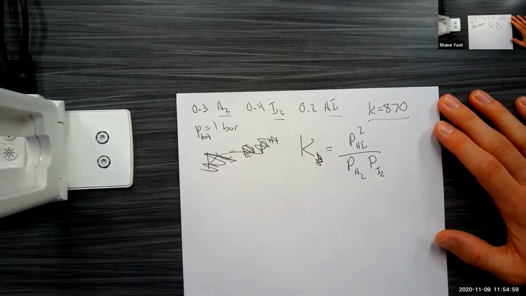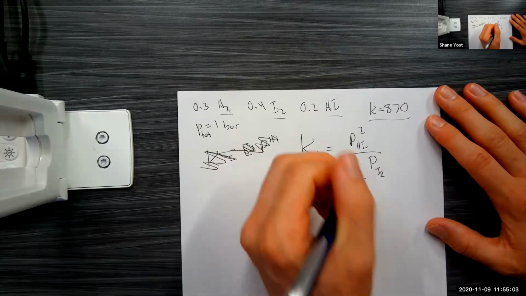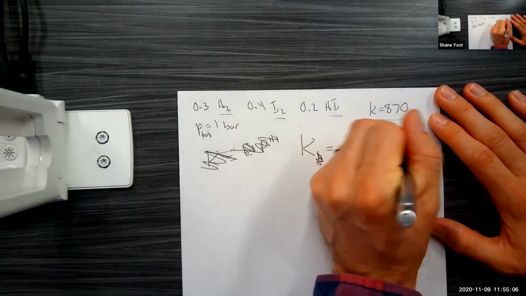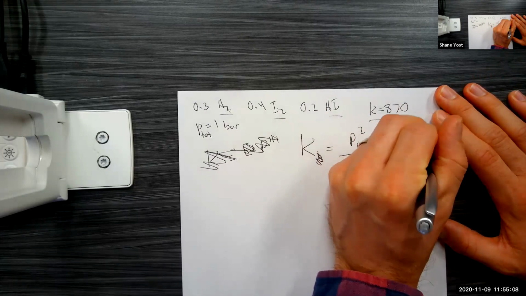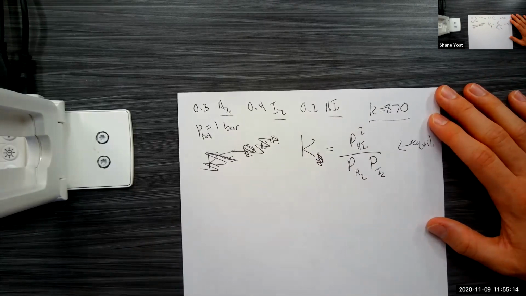But these are all equilibrium values, the equilibrium pressures, which I don't know off the top of my head, and that's what we're trying to find, okay?